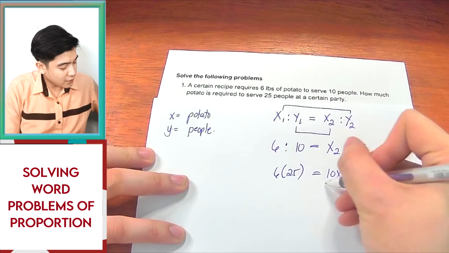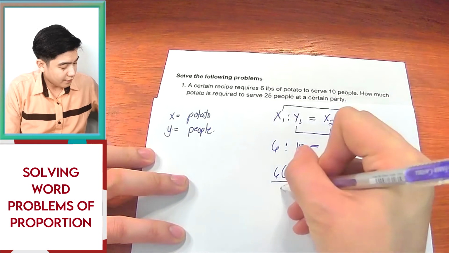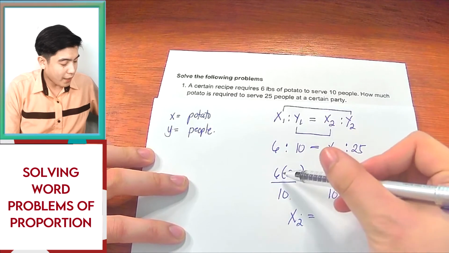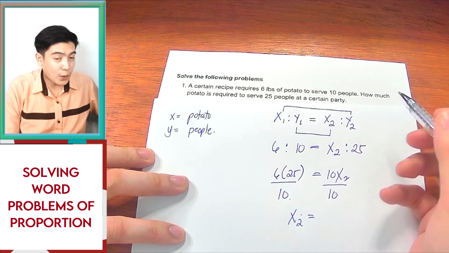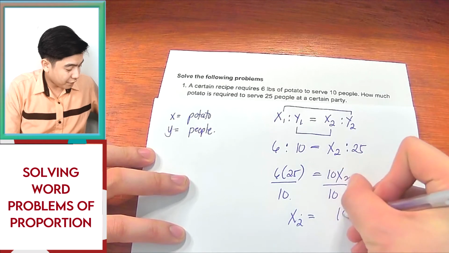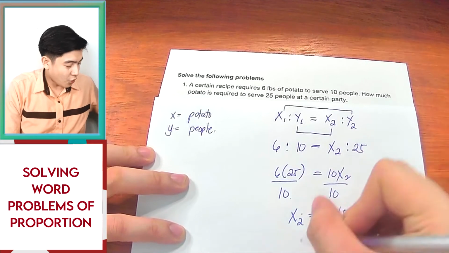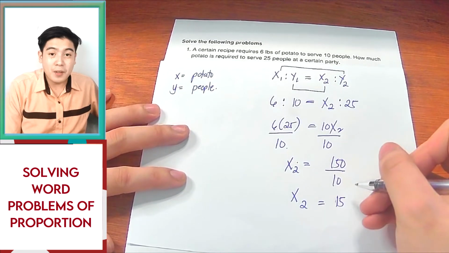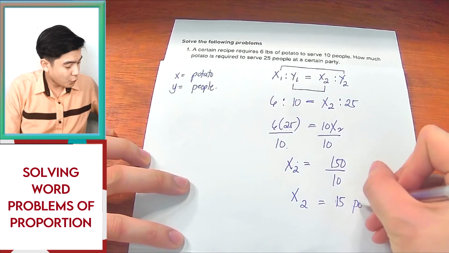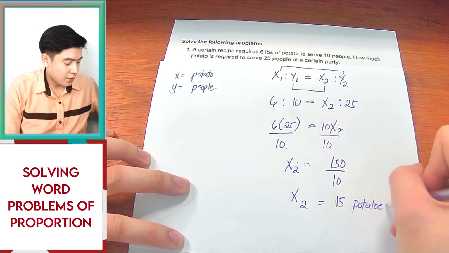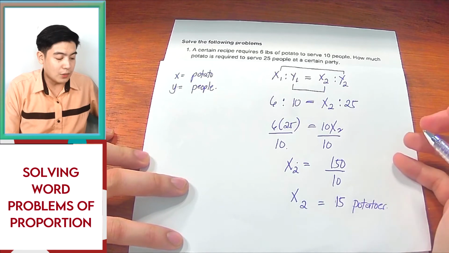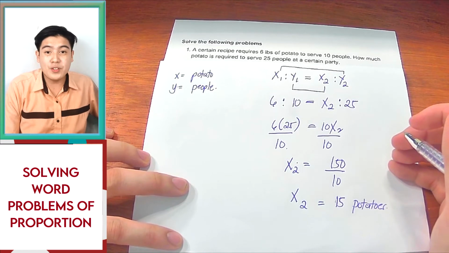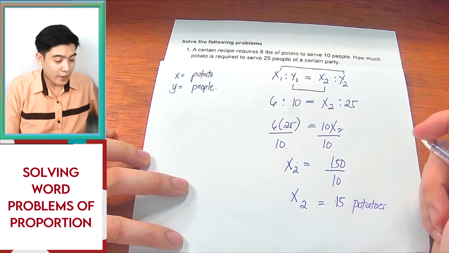By dividing both sides by 10, ang x sub 2 natin is equal to 6 times 25, which is 150, over 10. So ang x sub 2 natin ay equal sa 15. So itong 15 ay pounds of potatoes. Kailangan natin ng 15 pounds of potatoes para makaserve ng 25 people sa certain party. So yun yung question number 1.